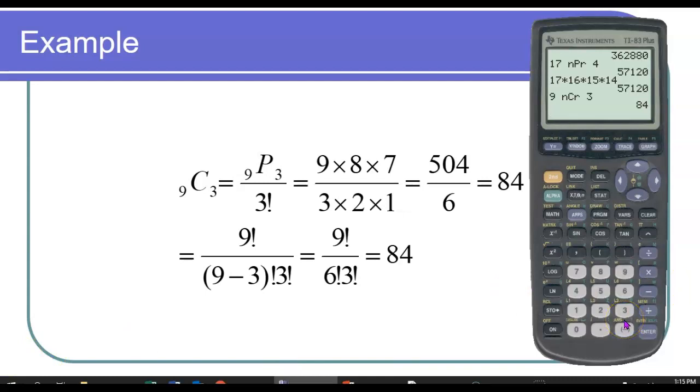And remember earlier we did 5C3, because we're picking 3 movies out of 5, and if the order did not matter, there were 10 ways of doing that. So just to check that, 5 nCr 3, the calculator agrees, that's 10.